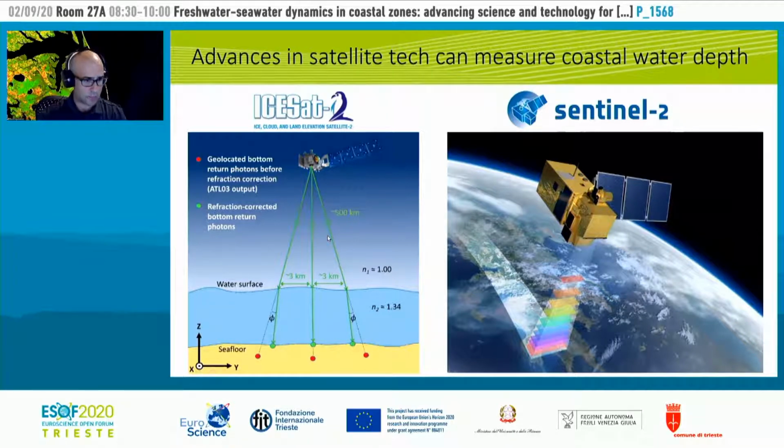This is a new capability that we haven't really had before in space. Being able to combine the ICESat-2 data, so water depth and water surface, with Sentinel-2, we're able to get at water depth over a large area.